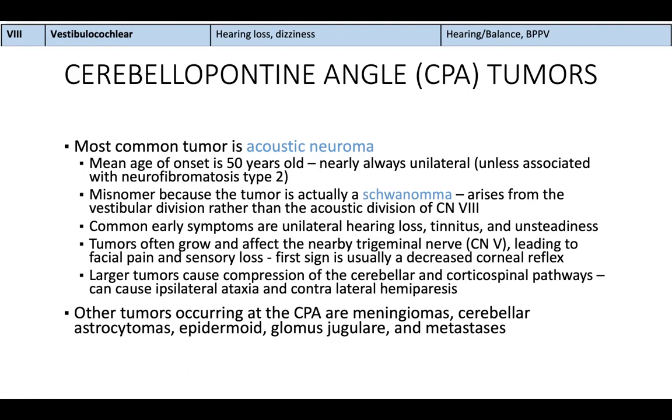And remember that 7 and 8 come out of the same place, so an acoustic neuroma can cause you to have facial drooping. So if you have facial drooping on one side and you have hearing loss, it's not Bell's palsy. We've got a tumor. So always make sure you get a good history.